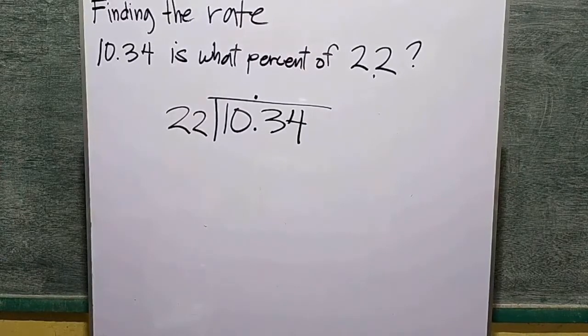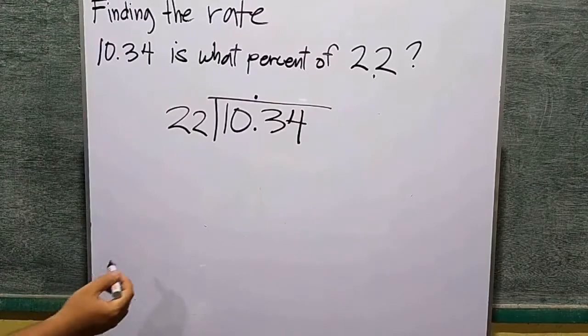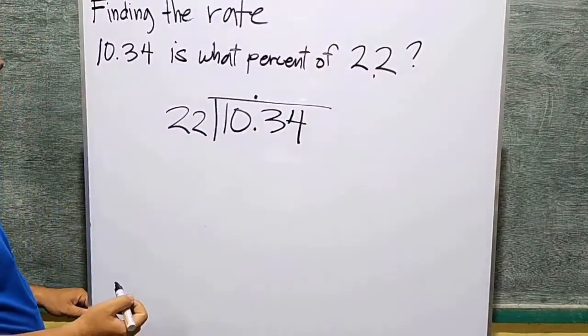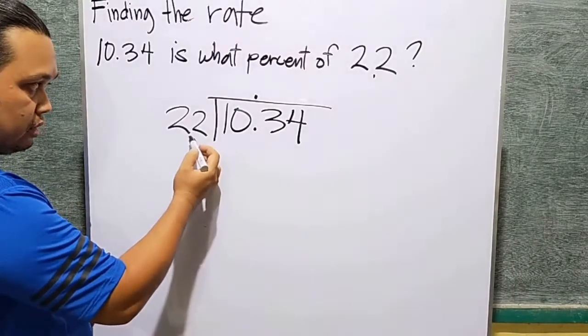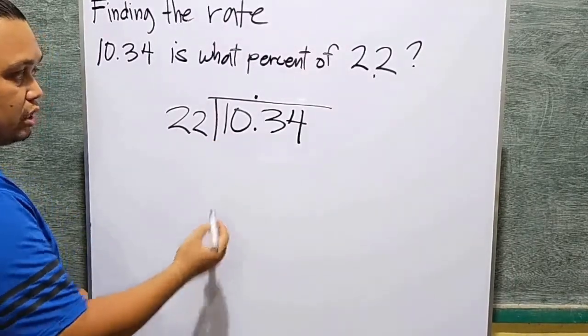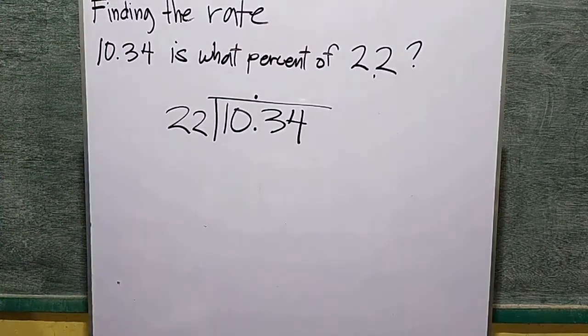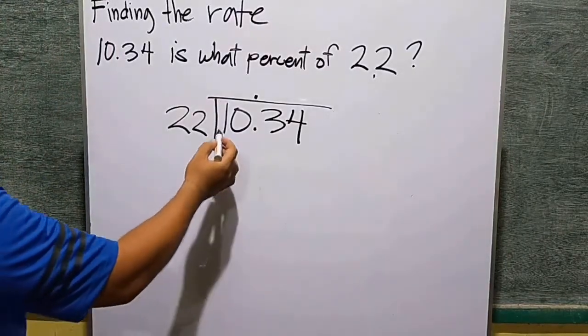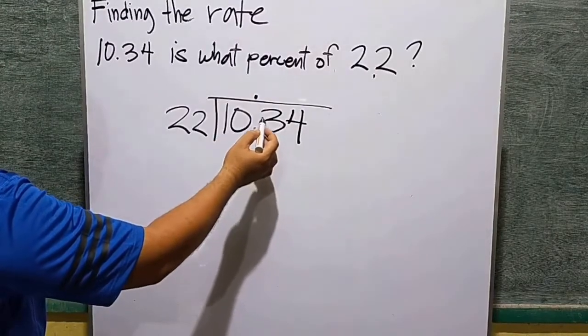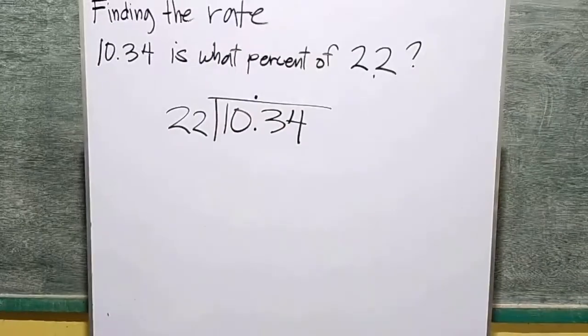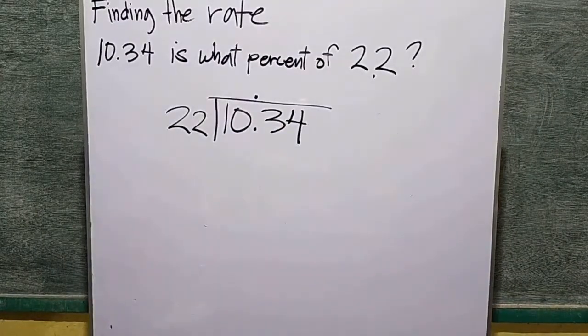And let's divide just like whole numbers. 10 divided by 22 cannot be done, because 22 is greater than 10. So we need to add another digit so that we can divide. We're going to use 1, 0, and 3, and our answer must be aligned to the 3 above. So we have 103 divided by 22.